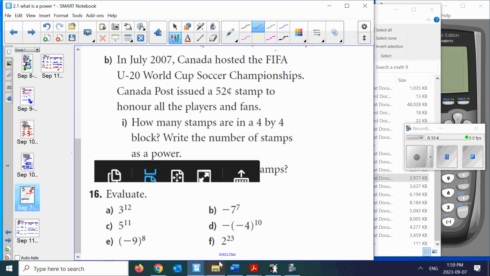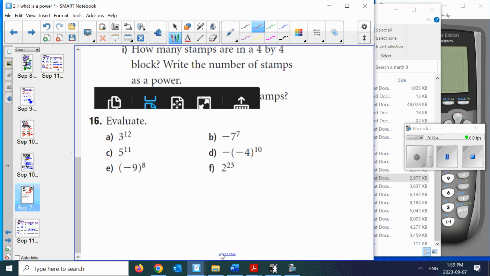B, D, and E. And evaluate means actually type in your calculator 7 times 7 times 7 times 7 times 7 times 7 to the power of 7. Don't do it in your head. You'll go berserk. No. Okay. So I'm expecting you to use a calculator.